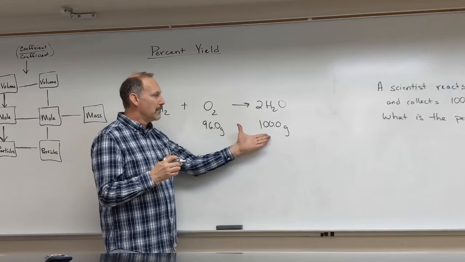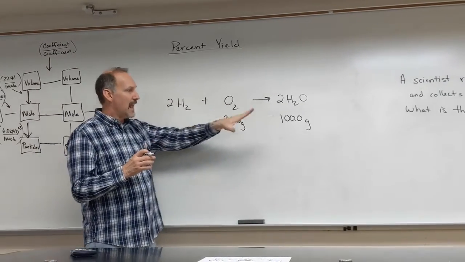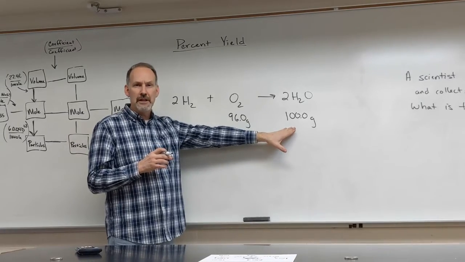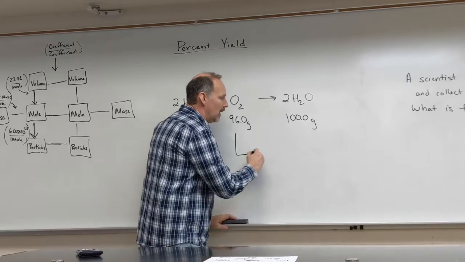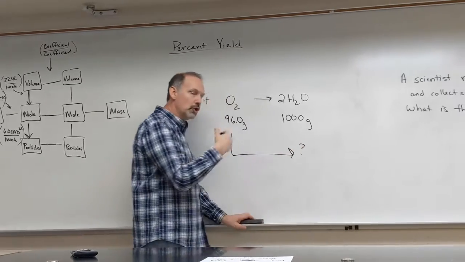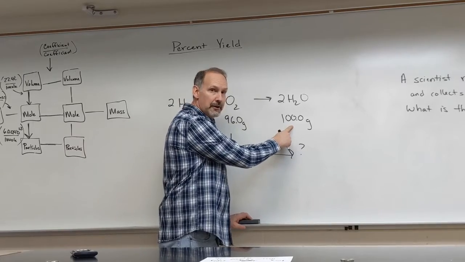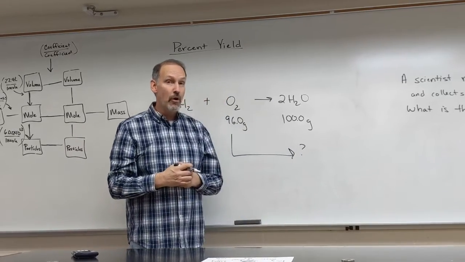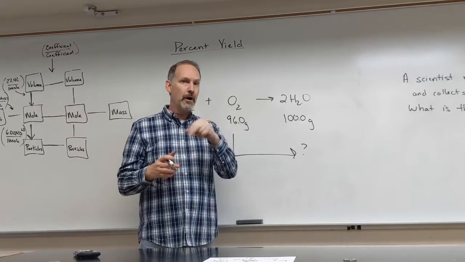So what happens is in these percent yield problems is they're going to give you the answer to one of the things you need to check for. So in this problem, I want to find out how much water could we have made. Now it says they made and collected 100, but you know what? They could have made more or less. And so we got to compare that. So percent yield is a two-part problem.